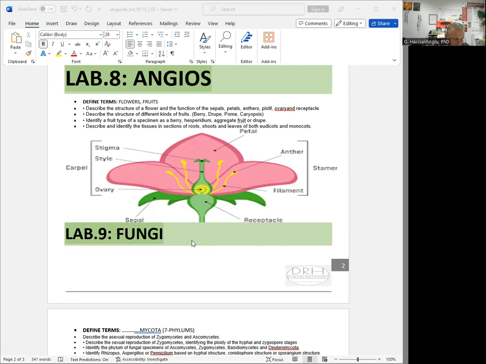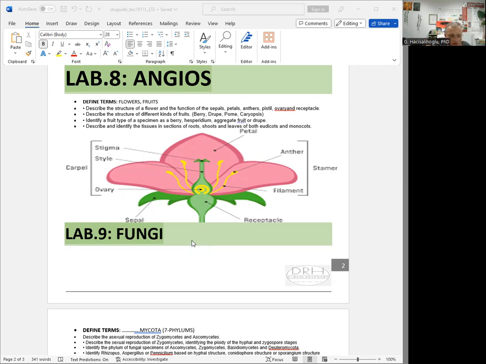Fruits have different types. Apples are pomes, bananas and tomatoes are berries, peaches are drupes, strawberries are aggregate fruits, oranges are hesperidium fruits, beans are legumes, corn is a caryopsis, and pineapple is a multiple fruit.